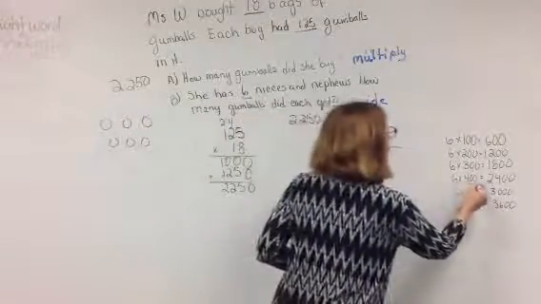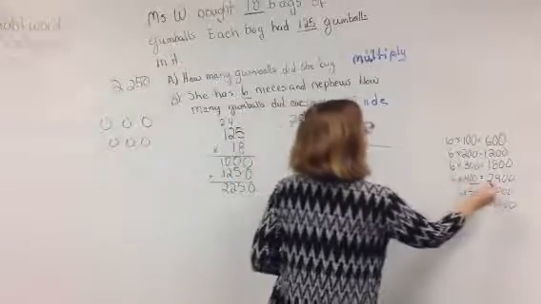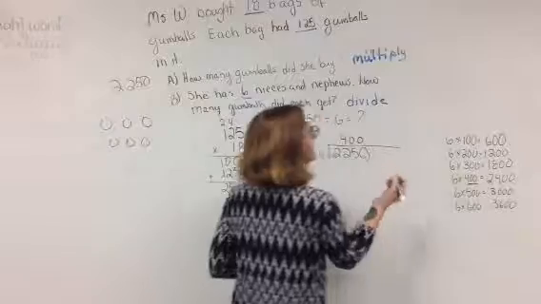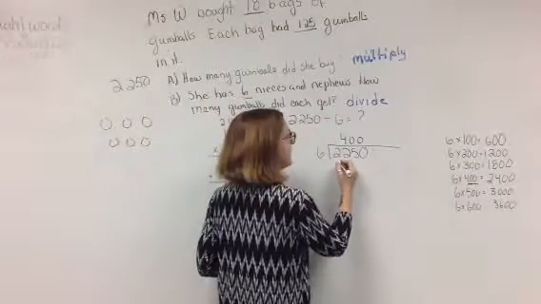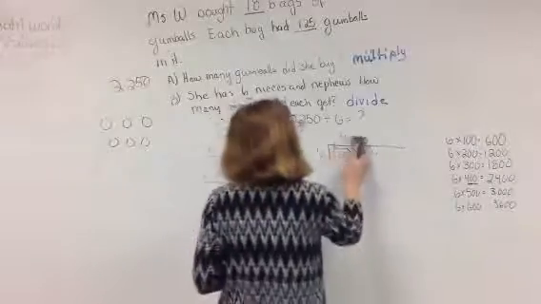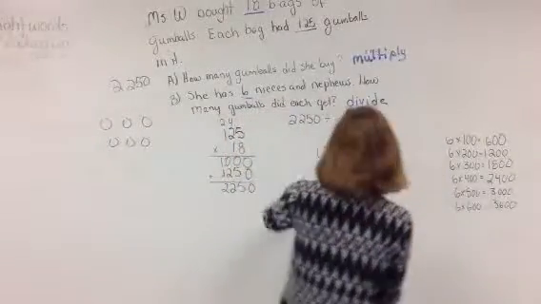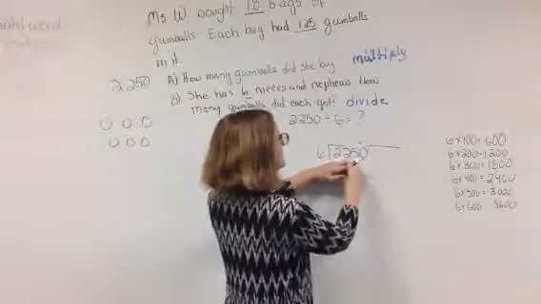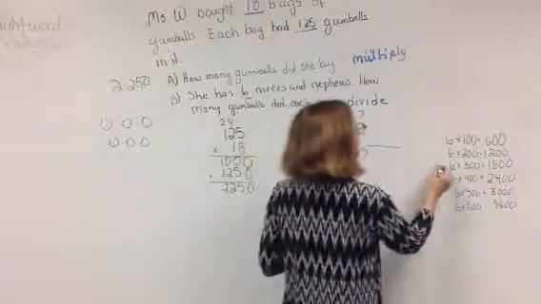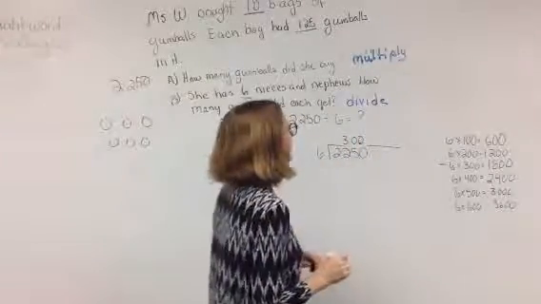So I'm going to put my 400 here as my partial quotient and my 2,400 here and subtract. Oh no, I can't do that. That's wrong. Why didn't somebody stop me? 2,400 is much bigger than 2,250. We're going to have to go with 300. Class, I can't believe you didn't stop me.